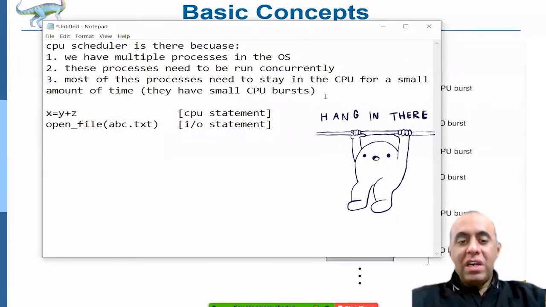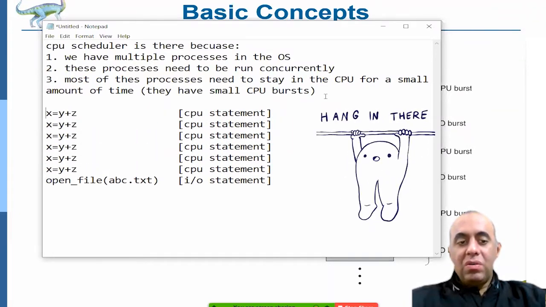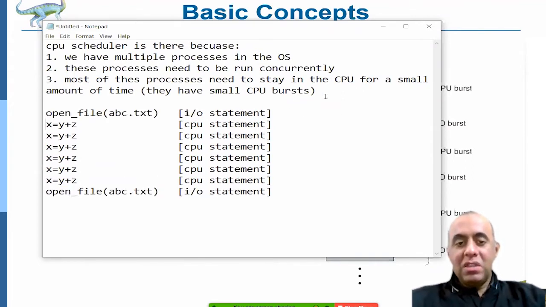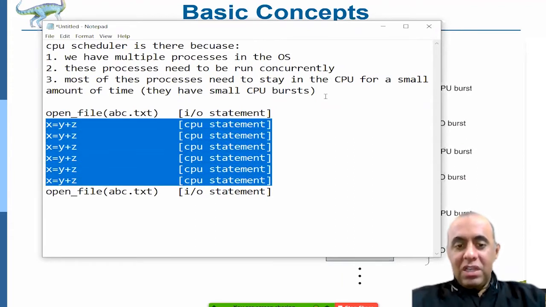So every time you have CPU statements, your program stays in the CPU. But for example, your program looked something like this. So the set of these CPU statements is called a CPU burst.